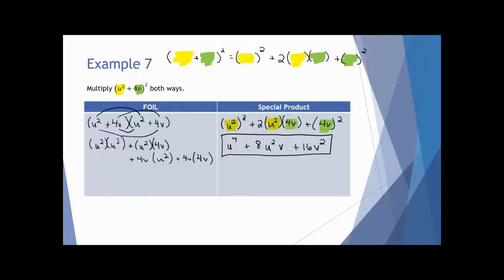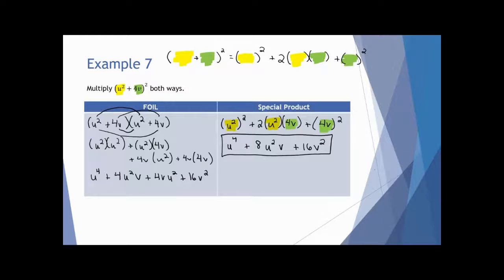So u squared times u squared, you add the exponents in that case, you get u to the fourth. And then I get 4u squared v plus 4vu squared plus 4 times 4 is 16. V times v is v squared. Now the 4u squared v and the 4vu squared are like terms because they both have a u squared and they both have a v.